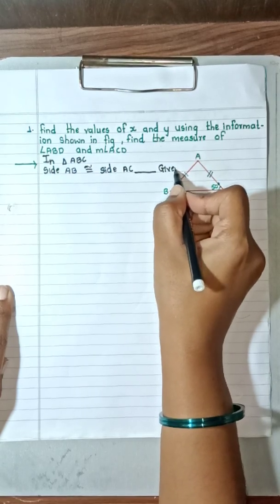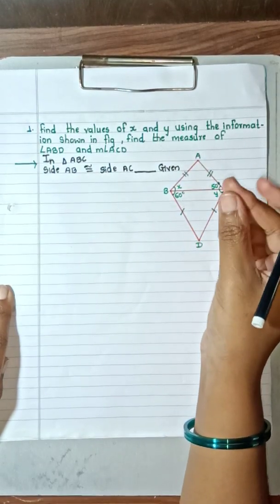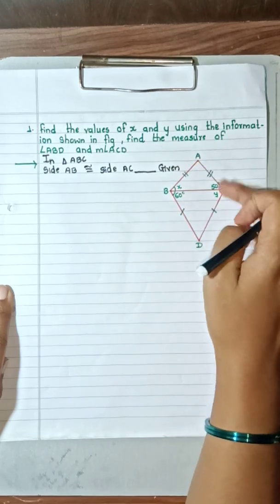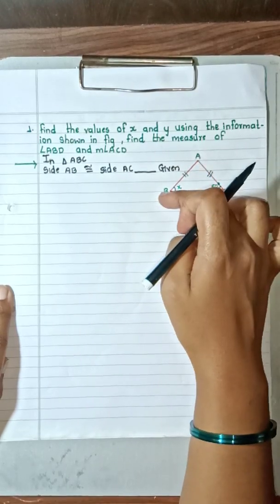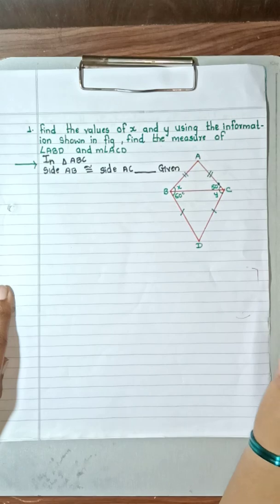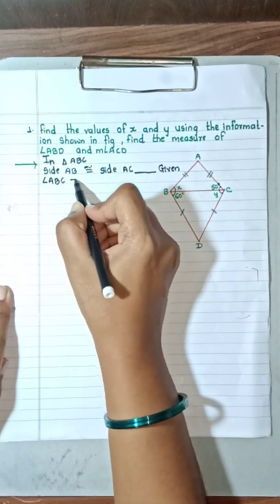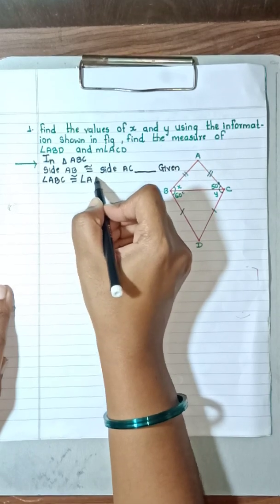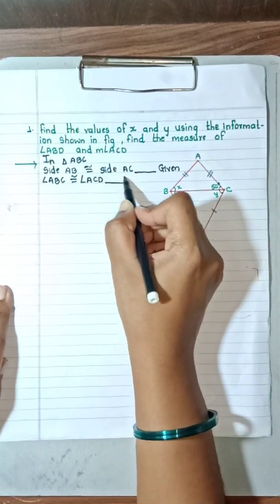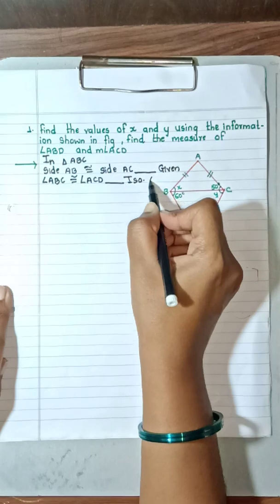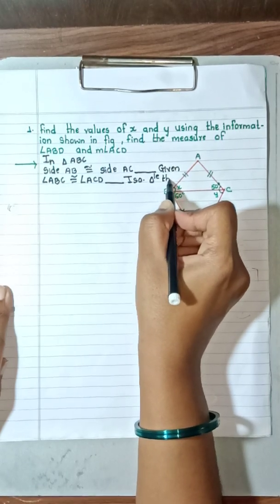After that, you know that angle ABC is congruent to angle ACB by isosceles triangle theorem. You can write down here angle ABC is congruent to angle ACB, and the reason you can write down here is the isosceles triangle theorem.